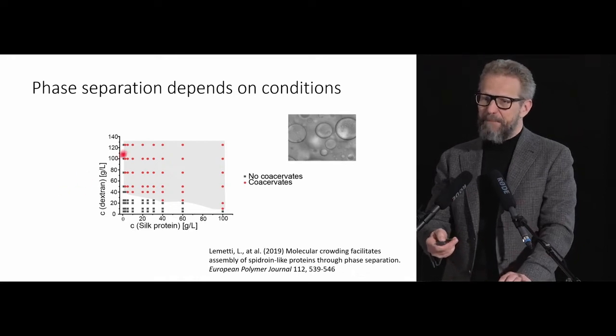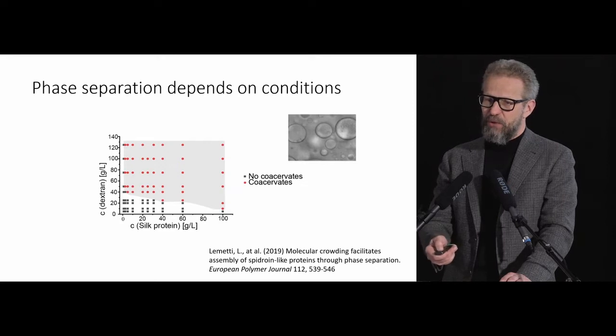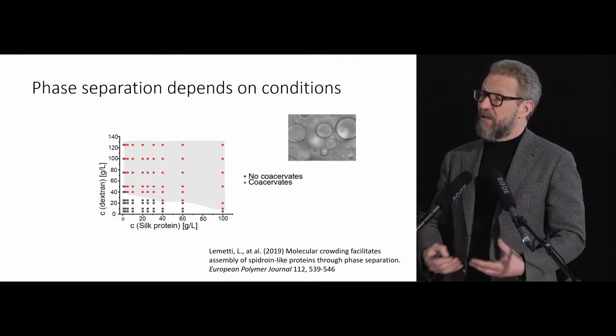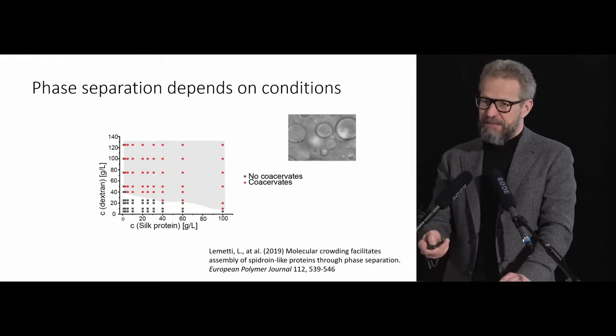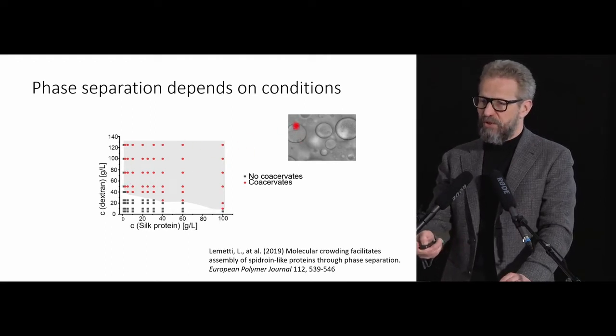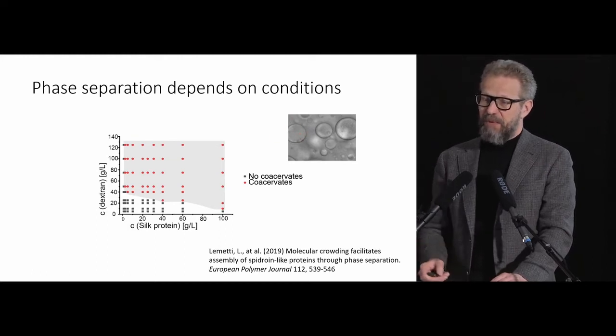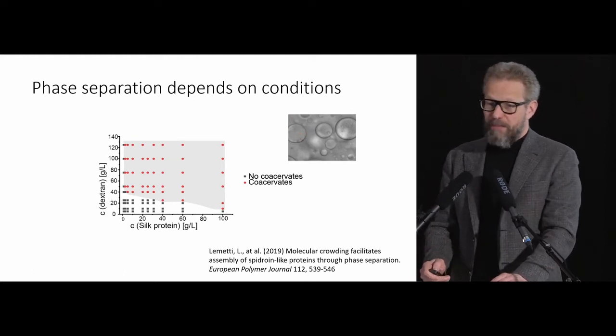And then that will cause these proteins to form these liquid droplets. So they will phase separate spontaneously. And then the region there, which is shaded in gray, will look something like this, where you'll see these liquid droplets forming.